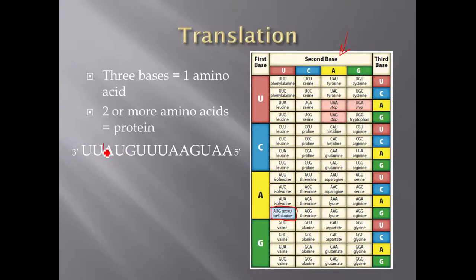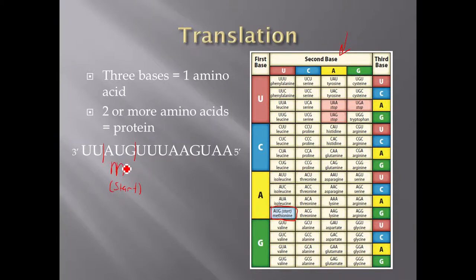However, if you look right here, you'll see you have AUG. Well, AUG is methionine, which means that that's going to be your start. So I'll put an M here, and I'll put in parentheses here start.